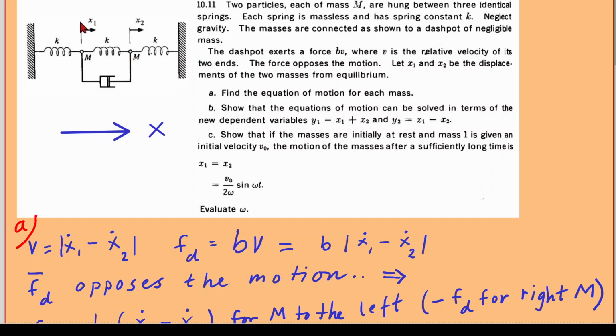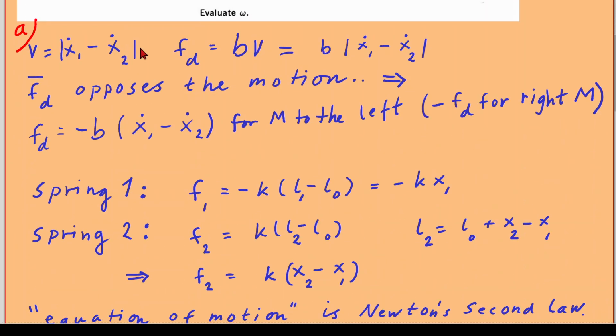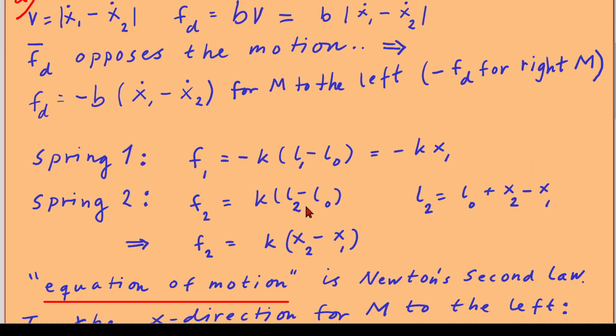But if we let x1 increase, then this distance decreases. So it must be L0 plus x2 minus x1. That is what I am writing here. And Hooke's law is what you see here. And L2 minus L0, what is that? x2 minus x1. So here you have the spring force for the second spring.